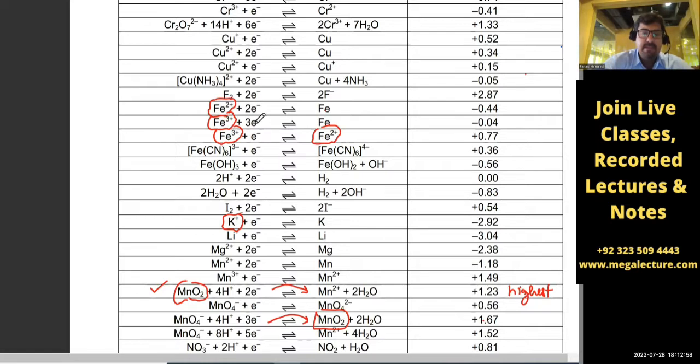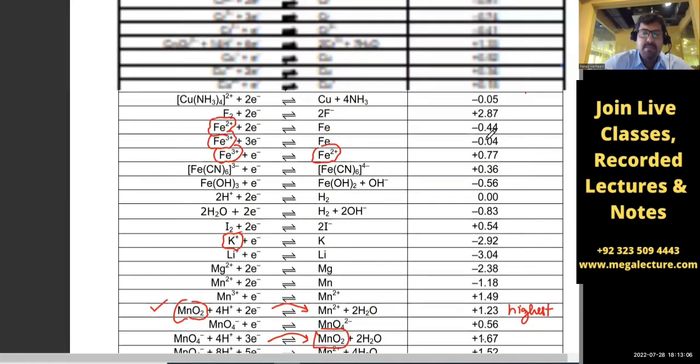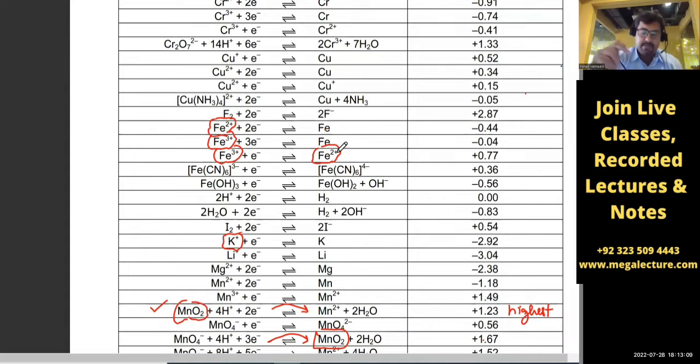Fe again is going to lose electrons, but I don't have Fe. Who else has the lowest potential? सबको निकाल कर if you keep on, the lowest one would come out to be 0.77. That is the one that's going to lose electrons, and I do have Fe2 plus, right? So that is the one that's going to be the lowest.